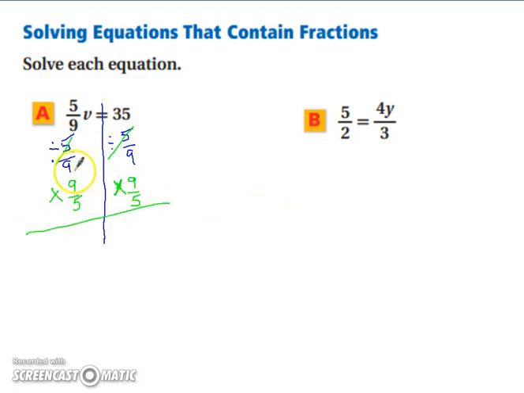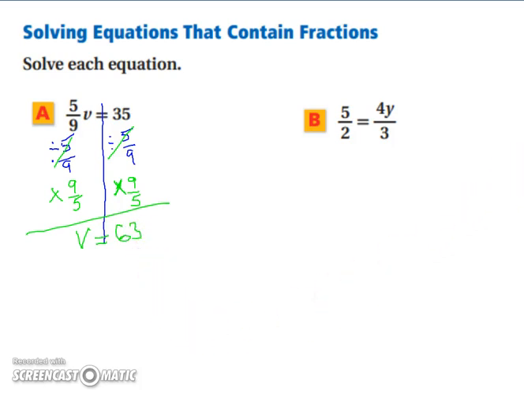That leaves 5/9 times 9/5, which leaves you with 1v. And that's going to equal 35 times 9, divided by 5, which leaves you with 63.